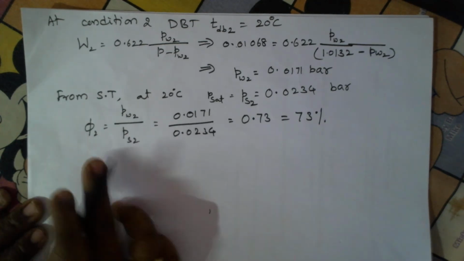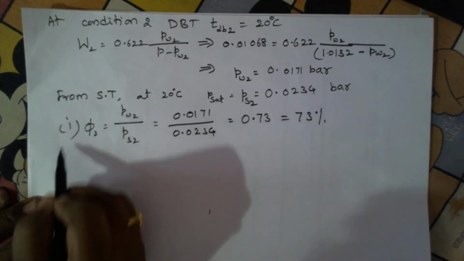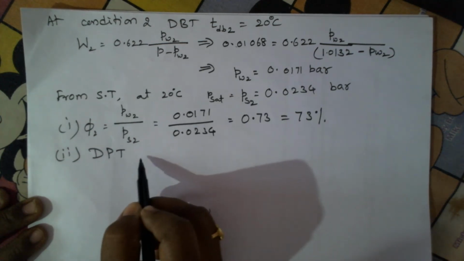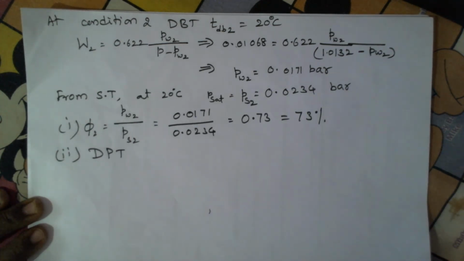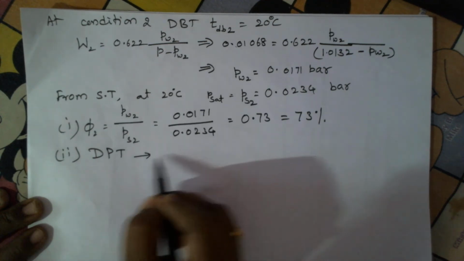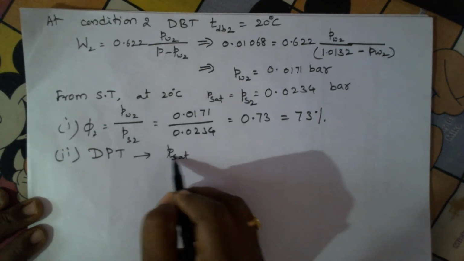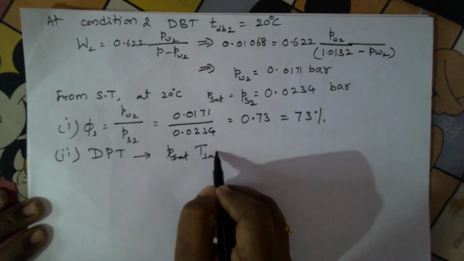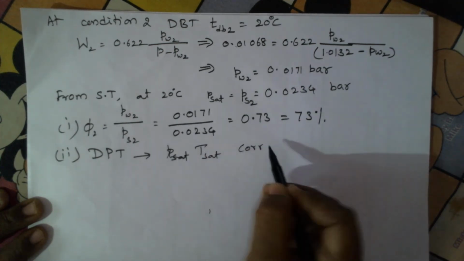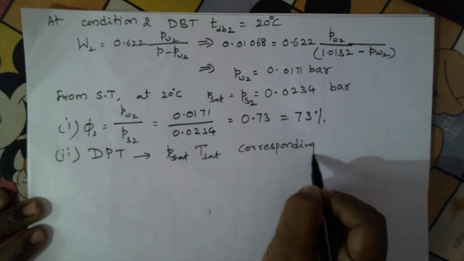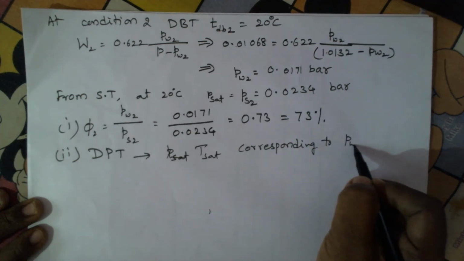And what next? This is the first one. What is the second one? Dew point temperature, DPT. What is dew point temperature? It is the saturation temperature corresponding to PW2.